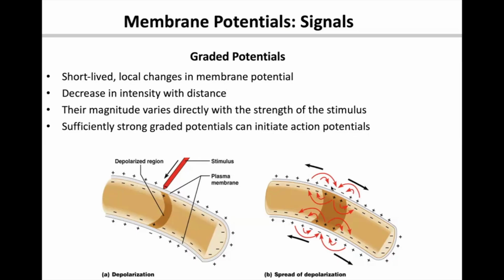So if you can see in here, some potassium and sodium ions are moving in. It is local. It changes the membrane potential locally, but it's not strong enough to go across the entire membrane.